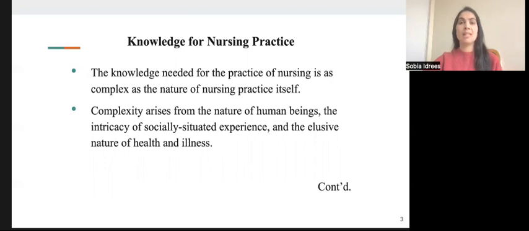Adding to these complexities, the next element is the nature of health and illness. Every one of us has a different health status and different stamina and potential to deal with the illnesses that are surrounding us.